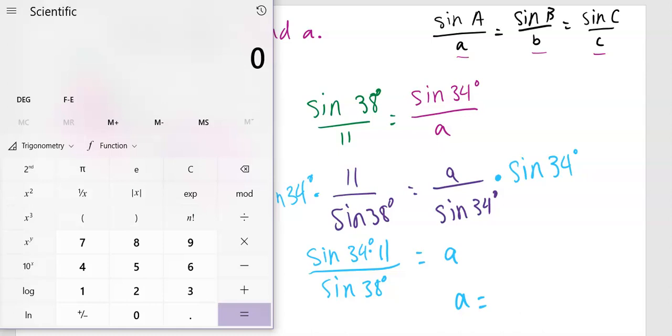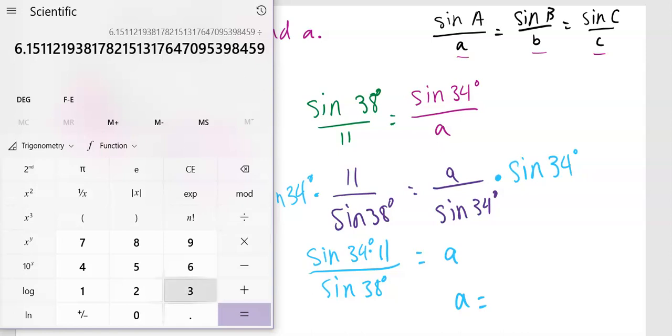So for those of you who have a calculator that works backwards, this is the perfect example. Sine of 34 degrees times 11, that's the numerator, the top part of the fraction. And now I'm going to divide it by the sine of 38 degrees. So I end up with this decimal right here.